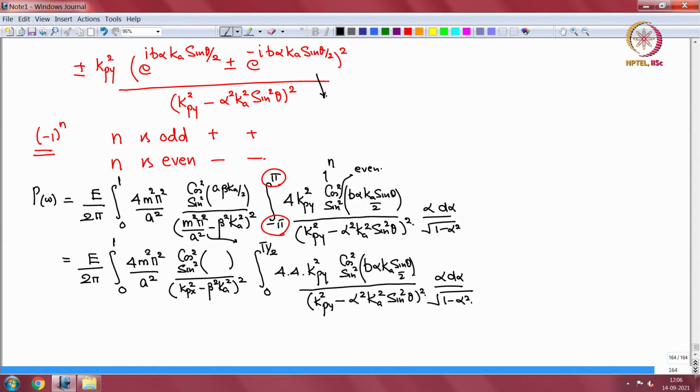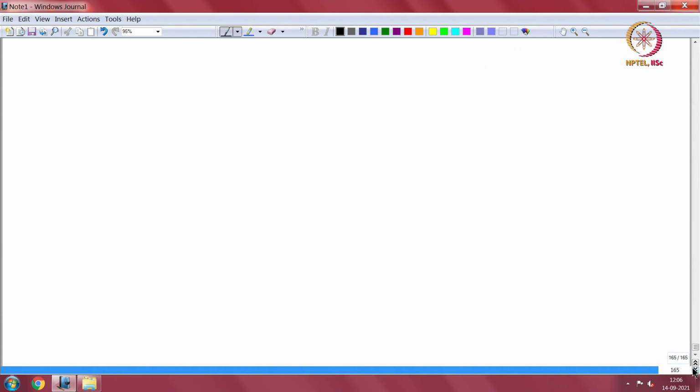Okay, so next we start bringing all constants to the front, so my p of omega is equal to e into twice m square pi by a squared into 16, I brought it in front.